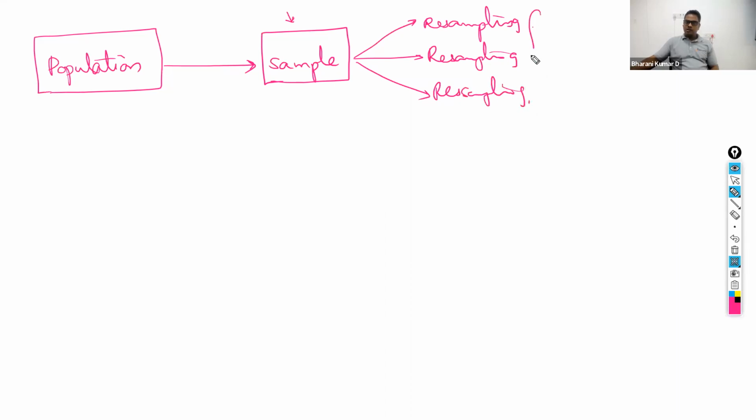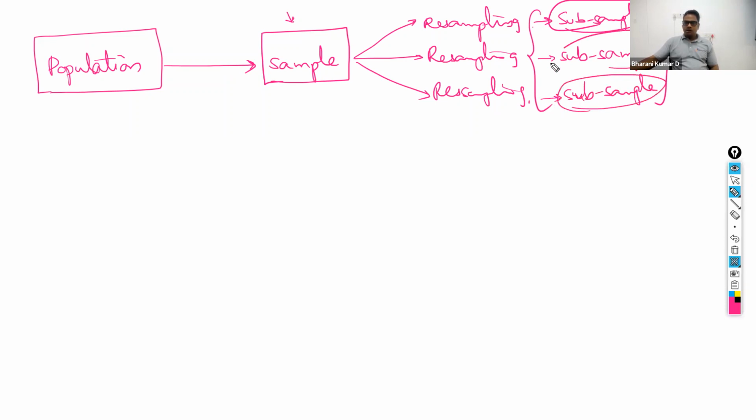Okay, when you apply this resampling technique, what do you get? Subsample. Means from this sample, you're trying to get a smaller portion, which is called a subsample. Or think about this as your training data set on which you're going to train your model.